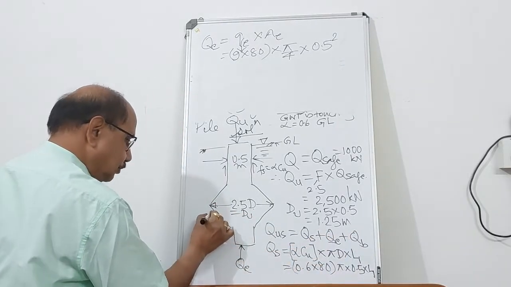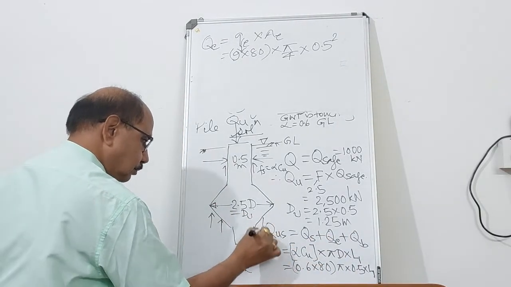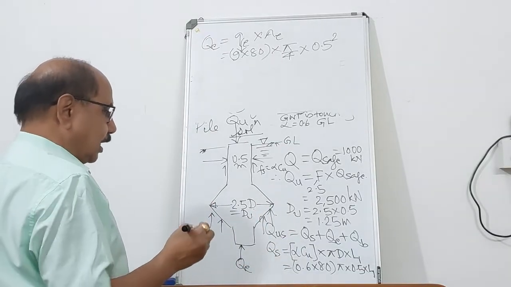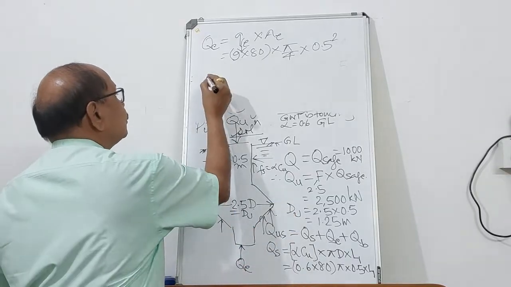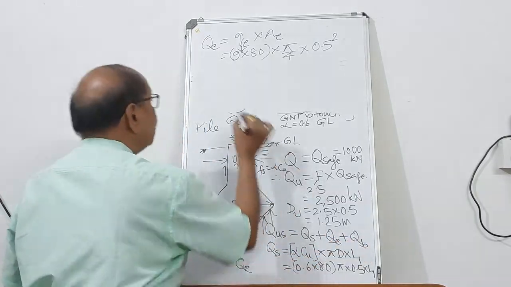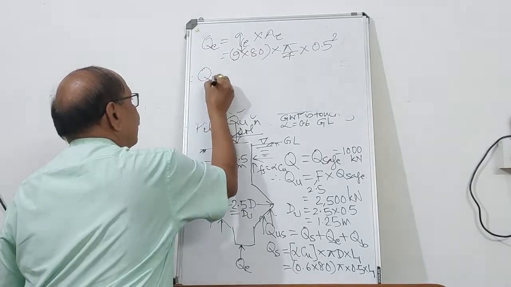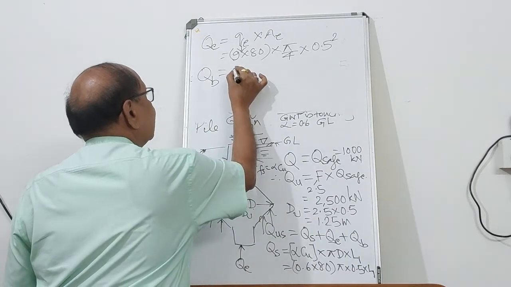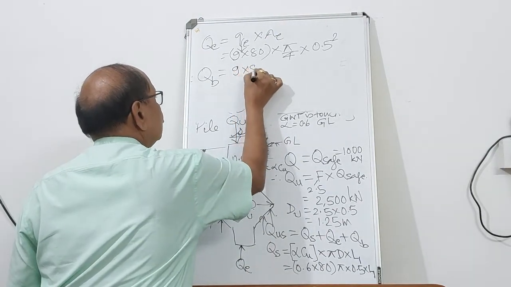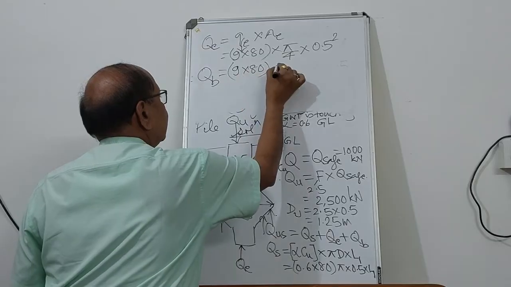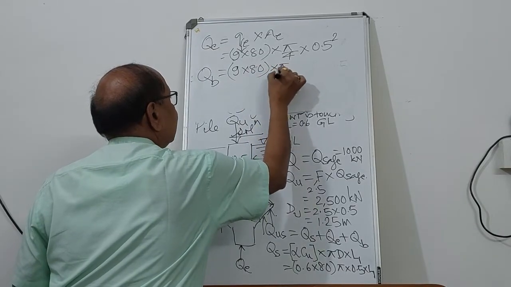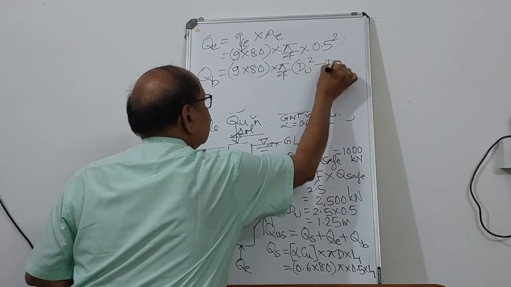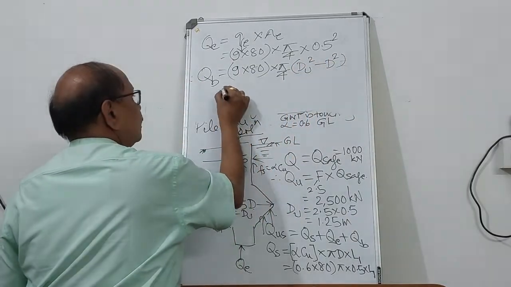And the third term is going to be load carried by this bulb, the resistance offered by this bulb, that is called QB, B for bulb or under-ream. This will be 9 times Cu into pi by 4 into du square minus d square.